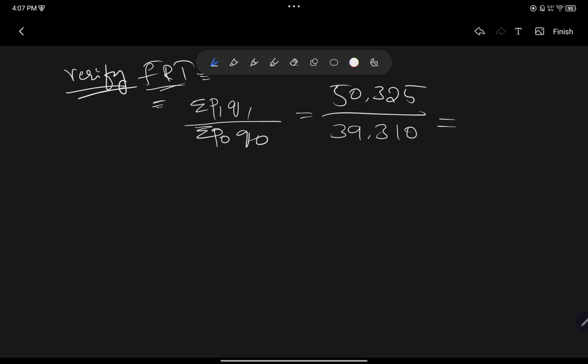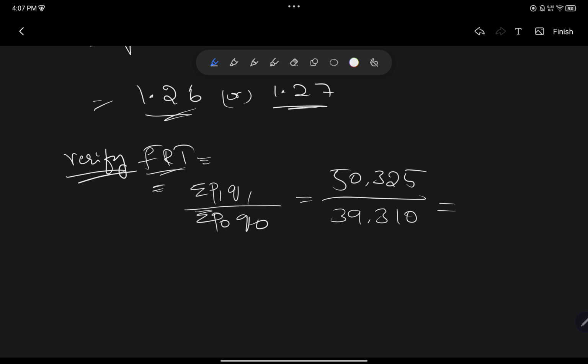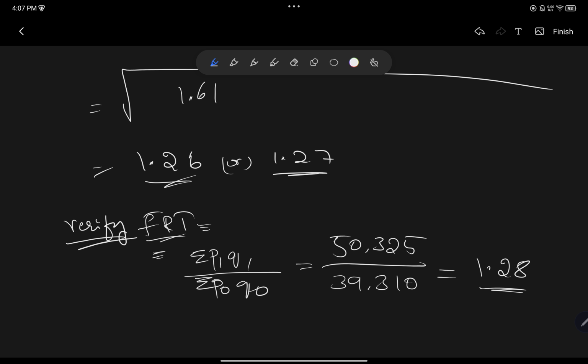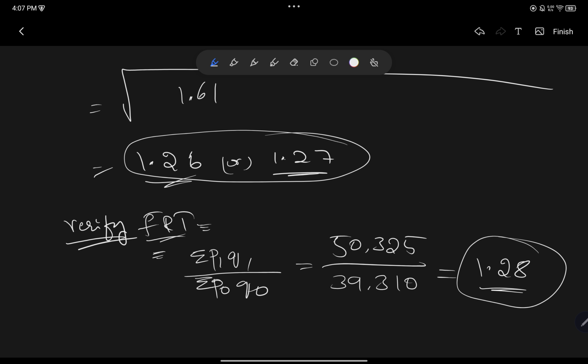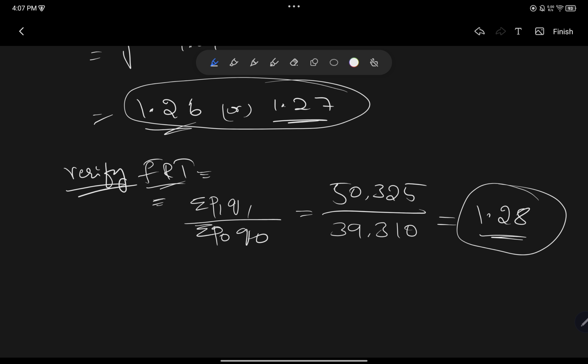So now if we divide 50,325 by 39,310, we got 1.28. So almost the answer which we have got, 1.26 or 1.27, 1.28, is almost the same. That means that whatever we have calculated is correct.